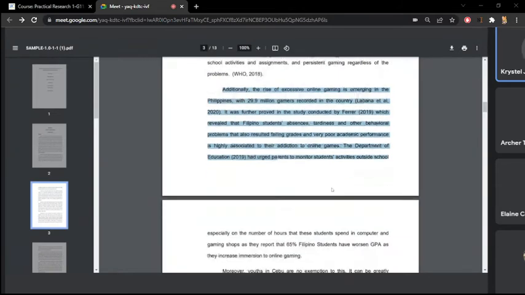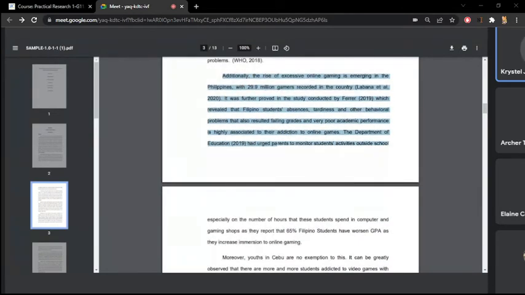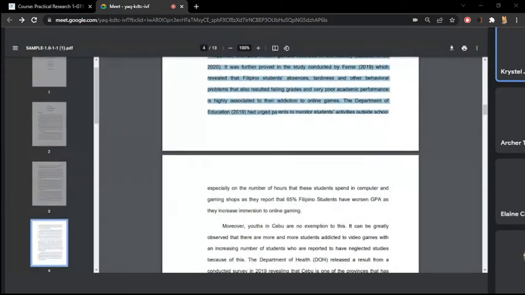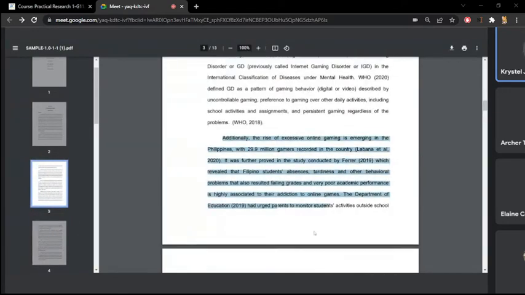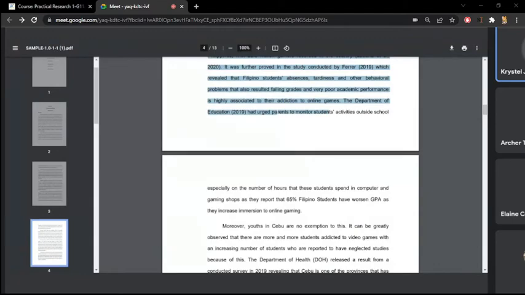The Department of Education in 2019 urged parents to monitor students' activities outside school, especially since they have reports from computer and gaming shops that 65% of Filipino students have worsened GPA as their immersion in online gaming increases. Through these statistics, we were able to understand the severity of the problem of online game addiction.